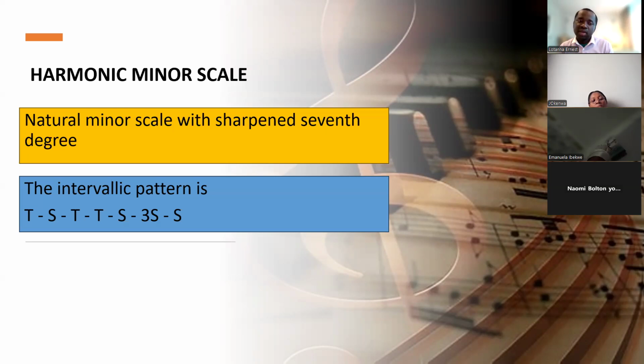So in a natural minor, you have A, B, C, D, E, F, G, A. Between G and A is a tone. Harmonic minor: A, B, C, D, E, F, G sharp, A. Between G sharp and A is a semitone. Does that make sense now?